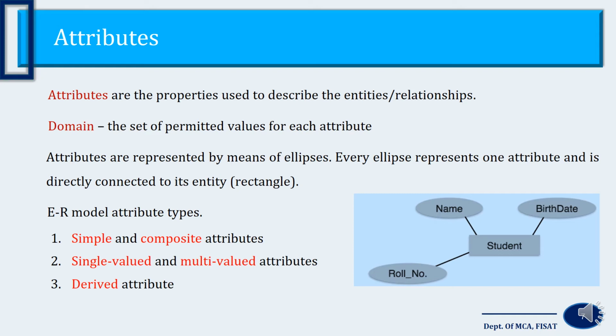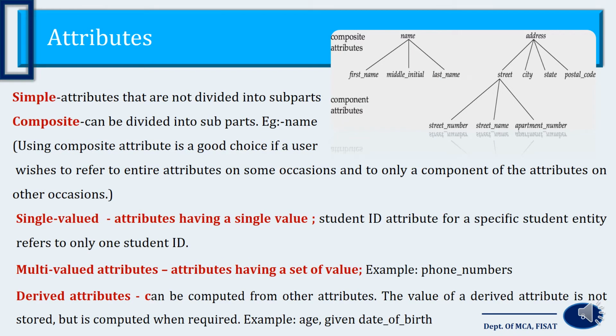Okay, fine. Now let us look into the various types of attributes. We have simple and composite attributes, single valued and multi-valued attributes, and derived attributes. Attributes that are not divided into subparts are called simple attributes. For example, roll number is a simple attribute. It is not divided into any subparts, right?